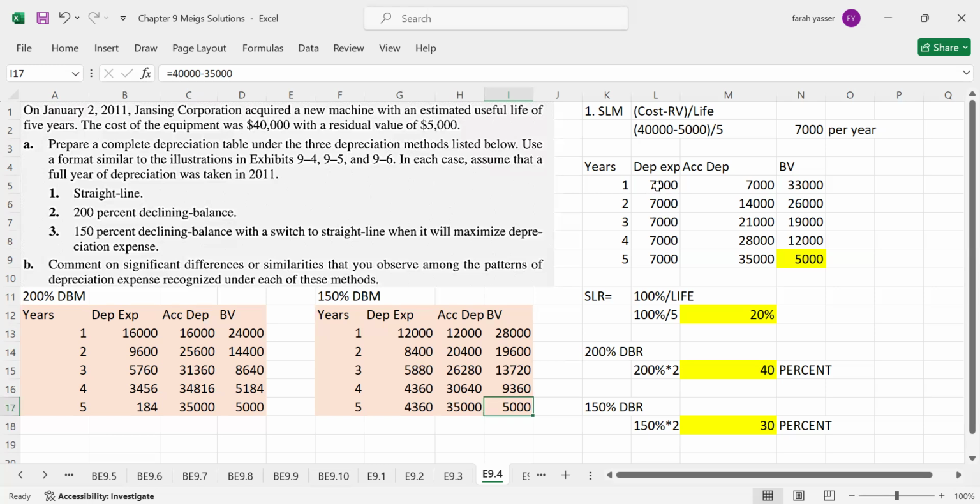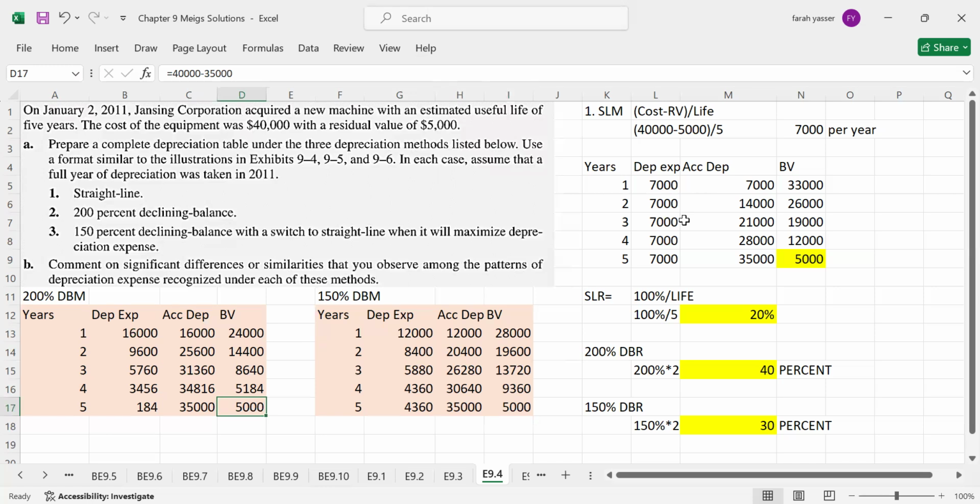So 7,000 is constant for all years. Whereas in the declining balance method, depreciation is higher in earlier years, and it is declining in later years. The similar thing is that the residual value in all three cases is the same, because this residual value is 5,000. So 5,000 is the same for all three methods.